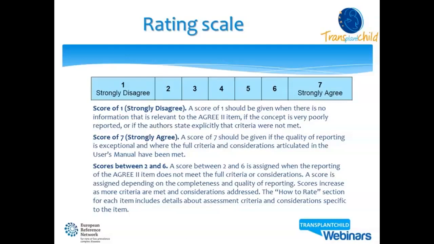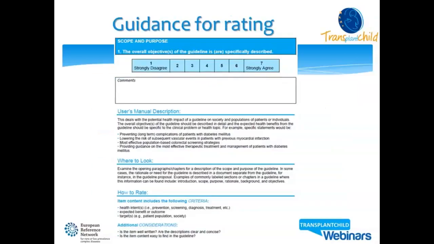On the other side, we score 7 if the quality of reporting is very good, is exceptional, and also when the full criteria of this item and all the considerations are met in this guideline. And between 2 and 6, this depends on how it's reported. So from something that does not meet the full criteria or considerations, or even is not very well reported, but the information is there. So there is a tip, if you remember in the previous slide, there were sections saying how to rate, and you can have some help there.